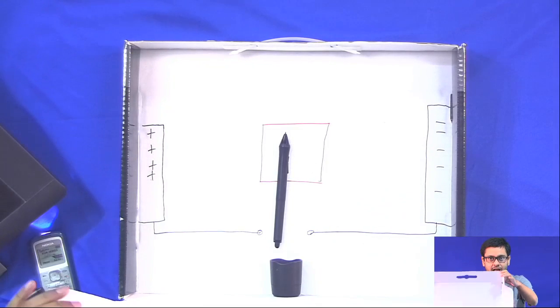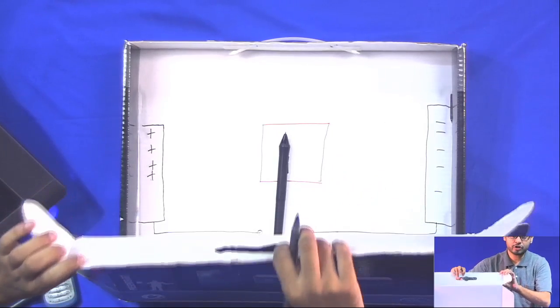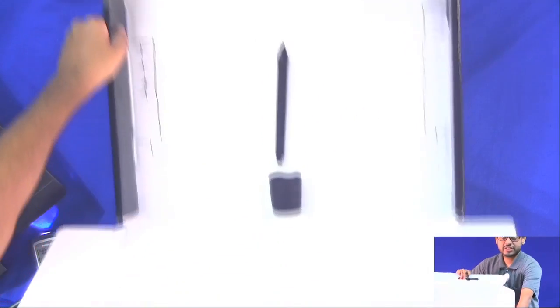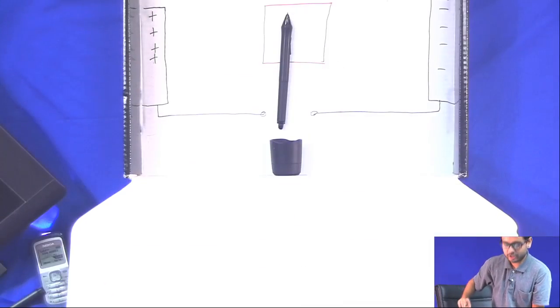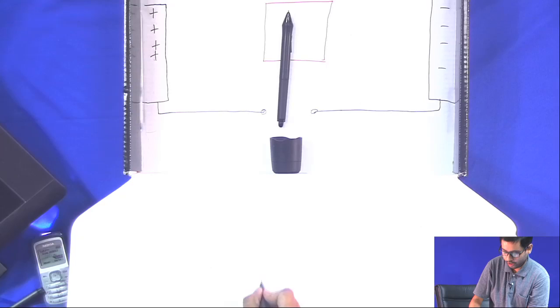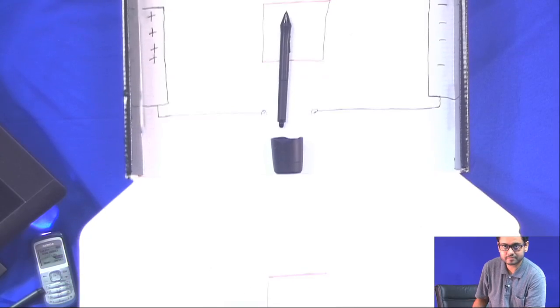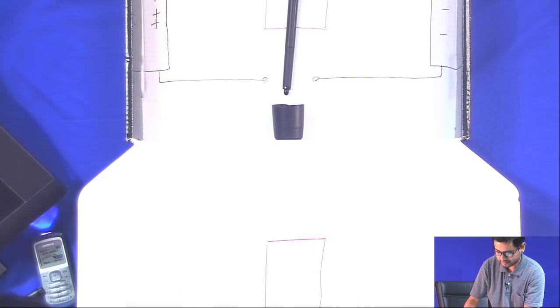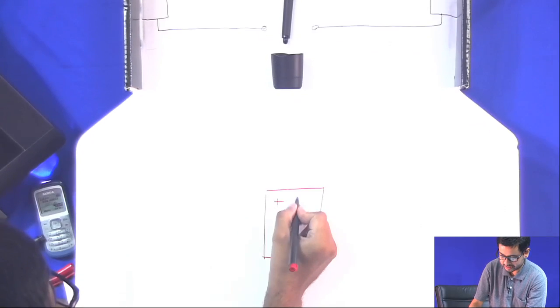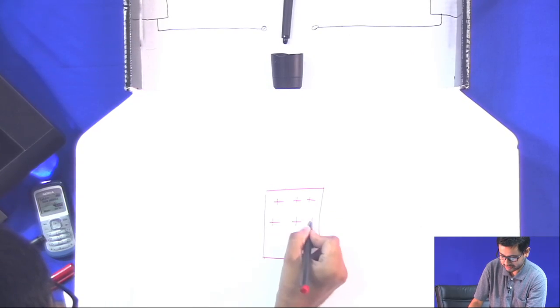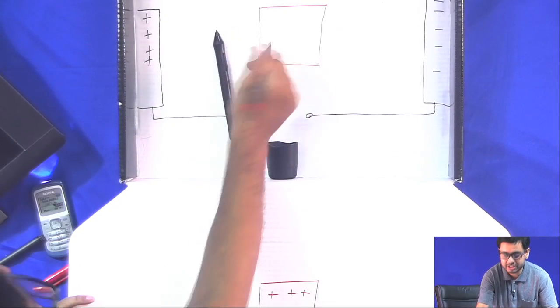So, this is the other side of the box. So, this closes like this. So, here on the top side I will put the other plate. And say I apply a positive voltage here and a negative voltage here.